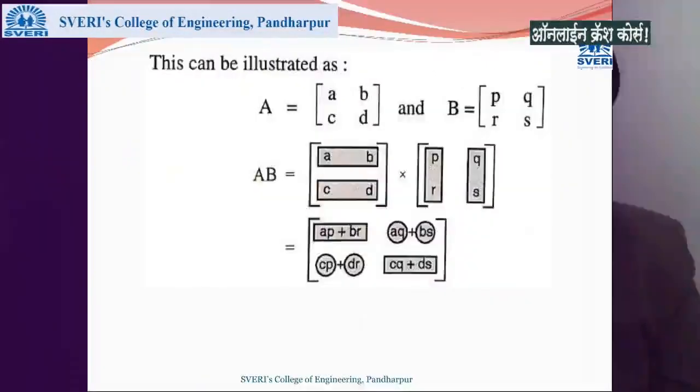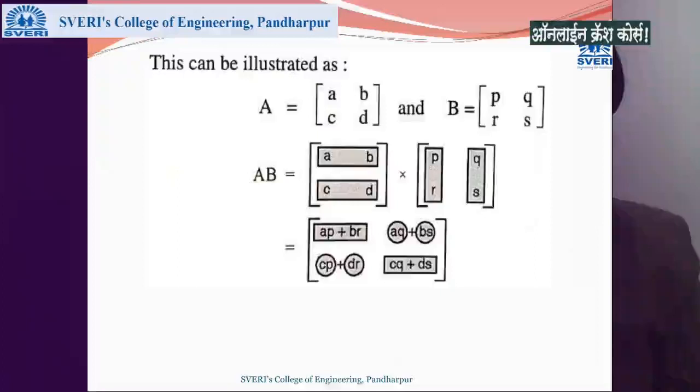if we take a simple example, A with elements a, b, c, d and B with elements p, q, r, s. So A into B is equal to, look at this, a b, that is the first row, R1 C1. So a into p plus b into r gives the first element.